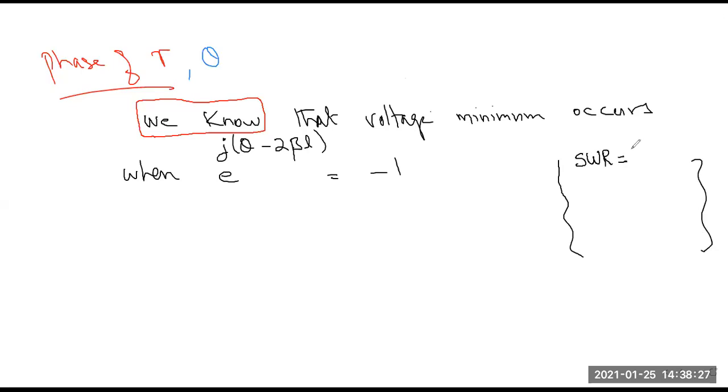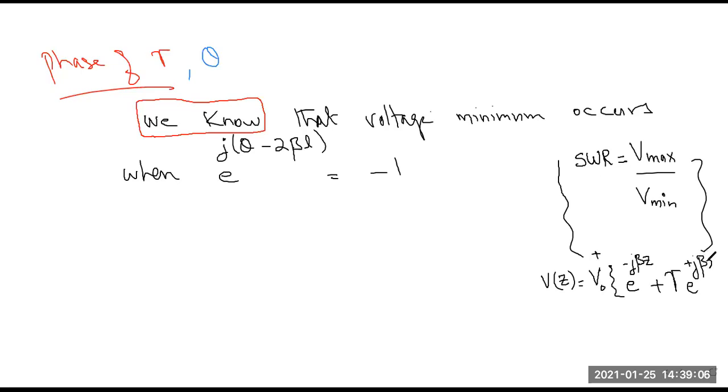I defined VSWR as the ratio of maximum voltage divided by minimum voltage. The general form of the voltage equation is V of Z equal to V naught plus, e raised to power minus j beta Z plus gamma e raised to power plus j beta Z.